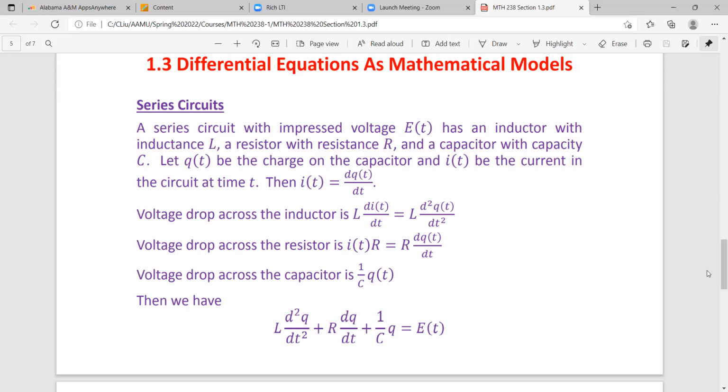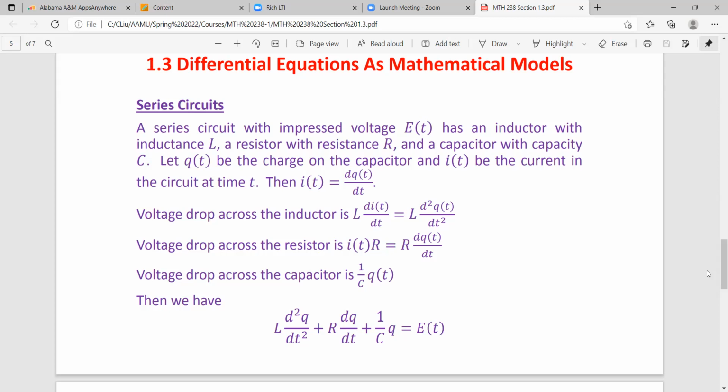Okay, then we can calculate the voltage drop across each of these devices. So the voltage drop across the inductor is equal to the inductance L times dI over dt from the physics law. That's also where L is the inductance, I is the current, as we know.